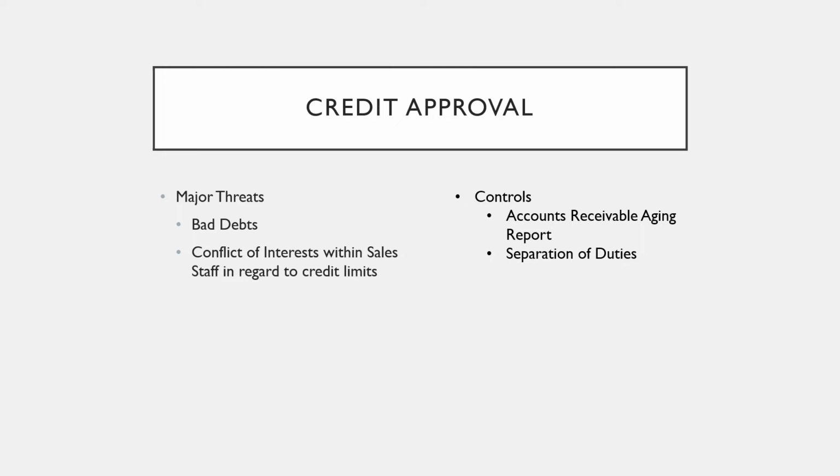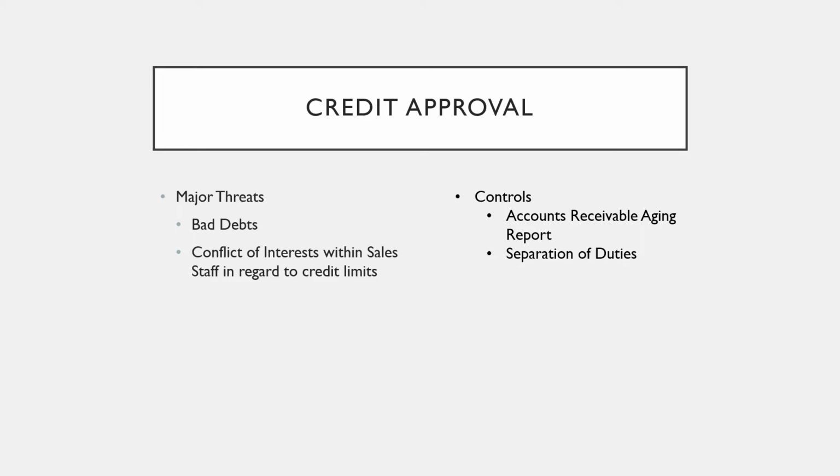Basically, it allows the accountant to age the customer's relationship with the company. Based off that, they can then make decisions on whether to raise that customer's credit limit and make a better judgment on who should be allowed to go above and beyond that credit limit.